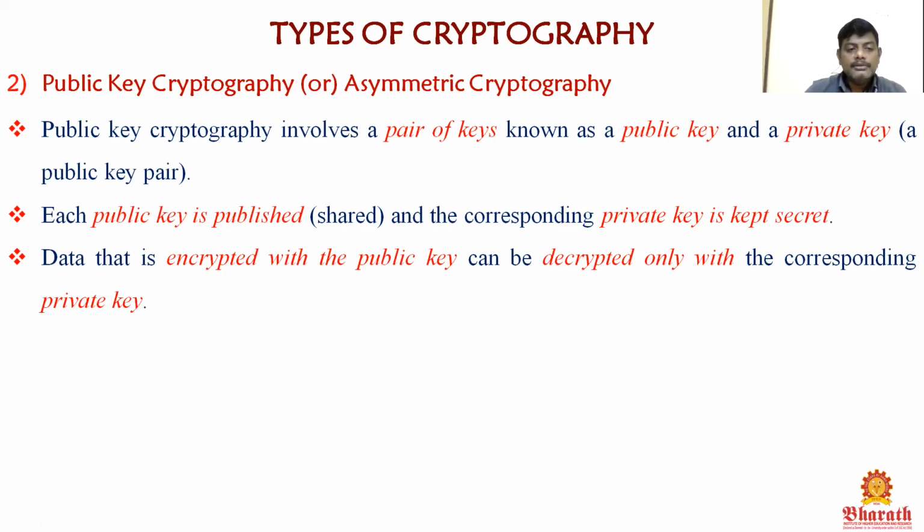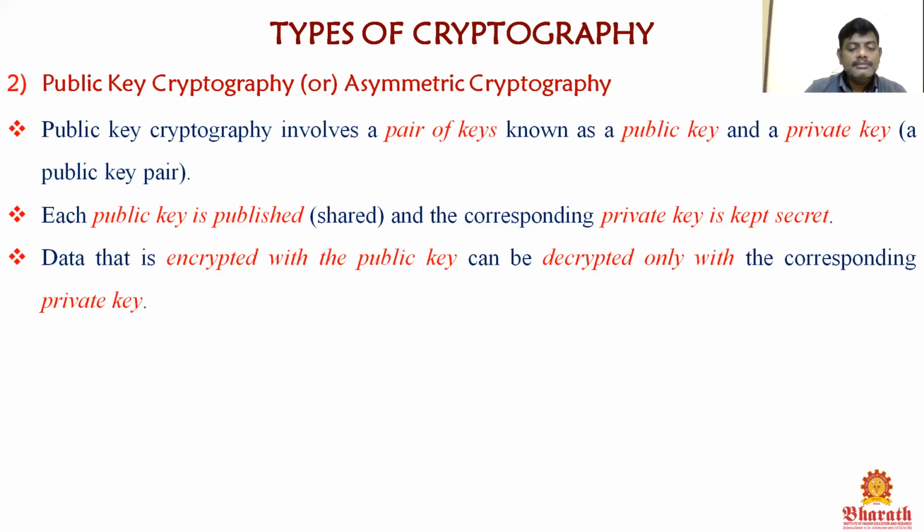In this technique, encryption is made with the help of the public key, and decryption is made with the help of the private key or secret key. That's why the name came: public key cryptography or asymmetric cryptography.